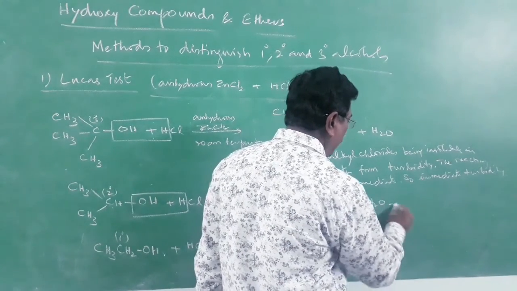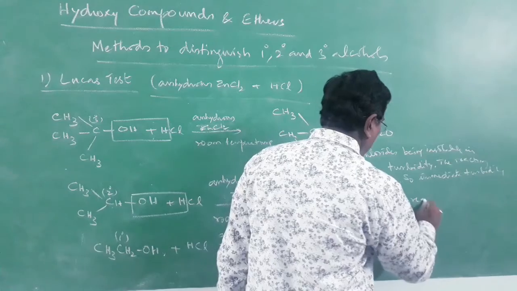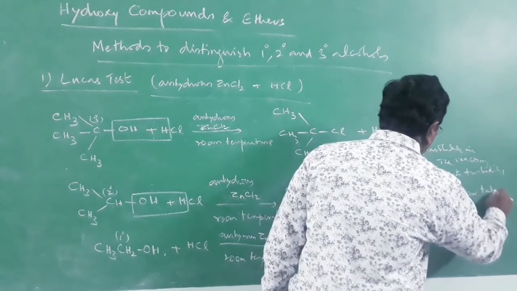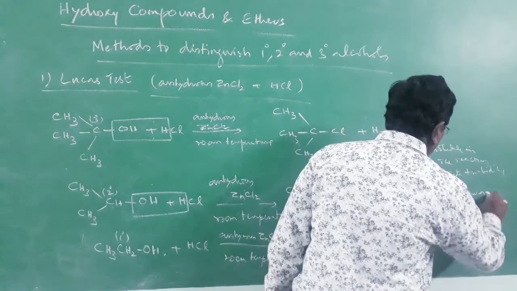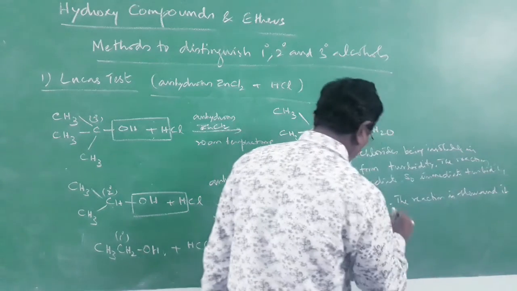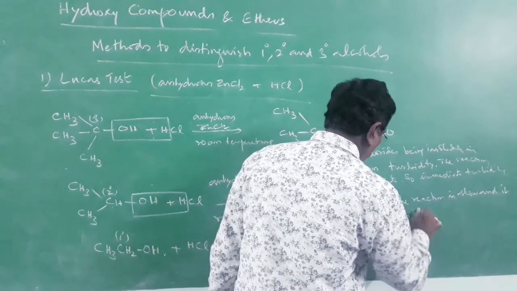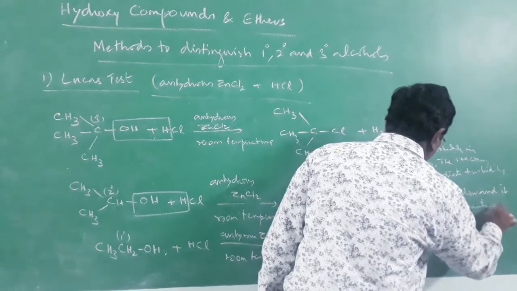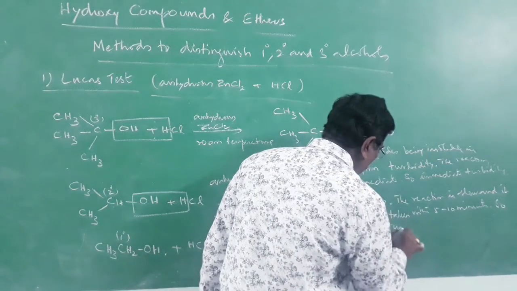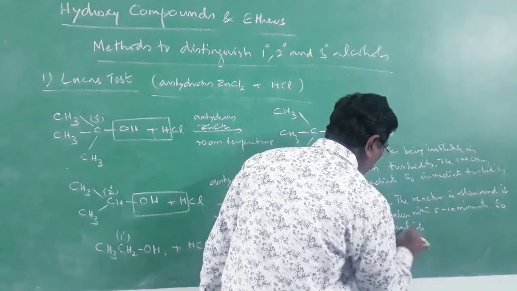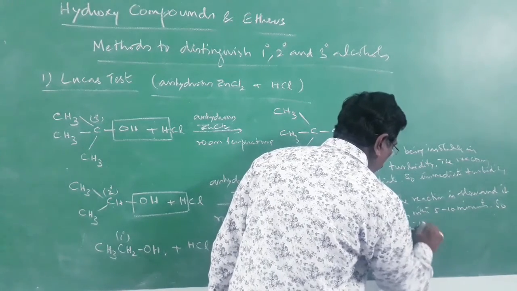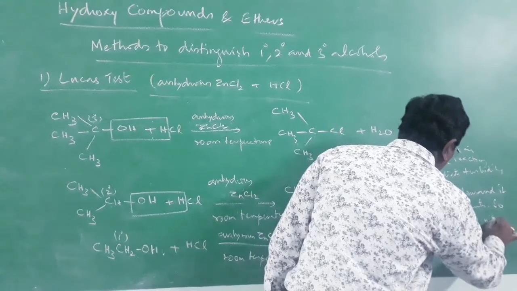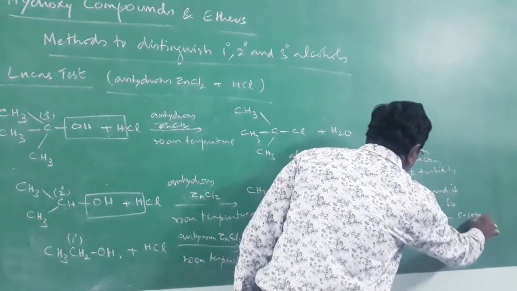Here, the reaction is slow and takes place within 5 to 10 minutes. So turbidity is formed within 5 to 10 minutes.